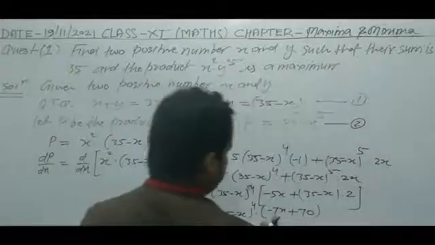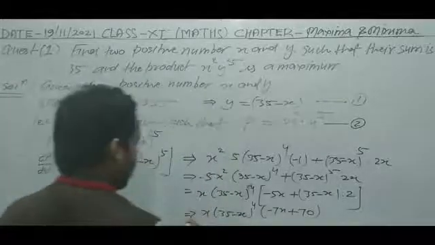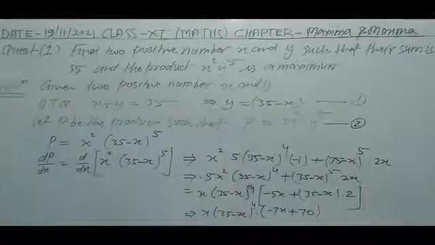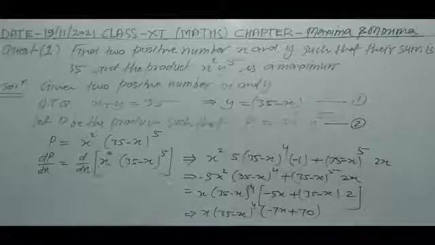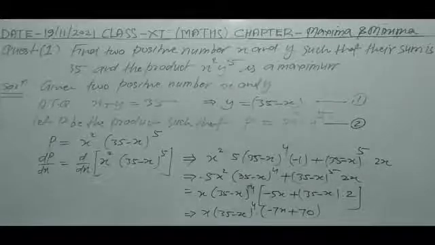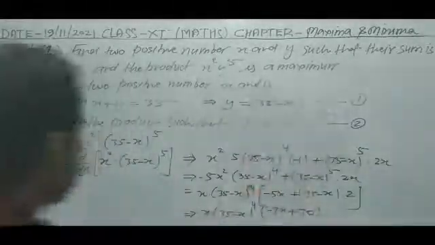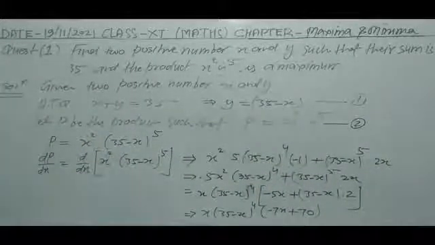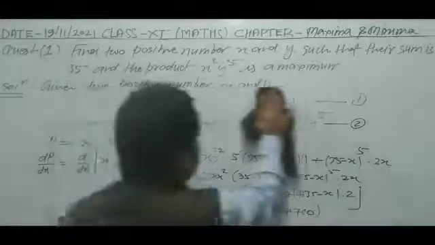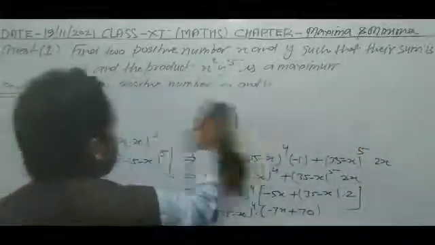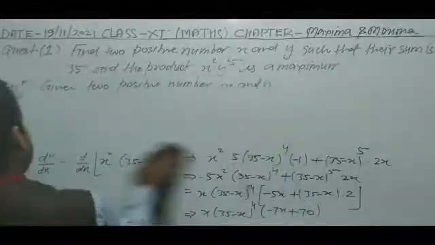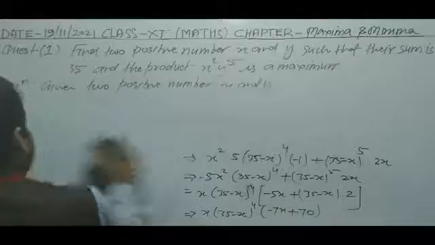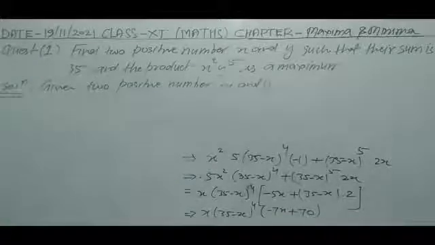So for turning points, maxima or minima points, you have to equate to 0.